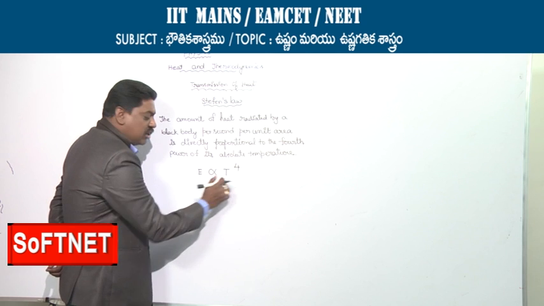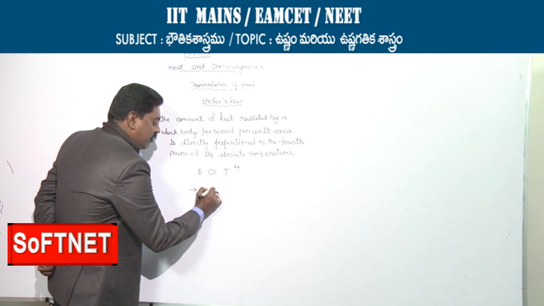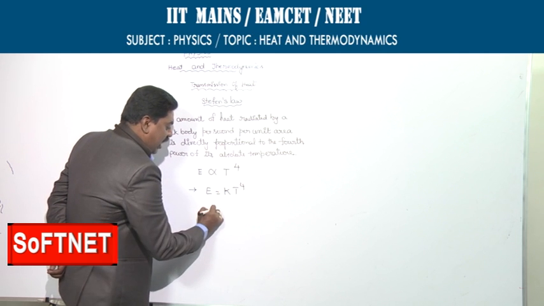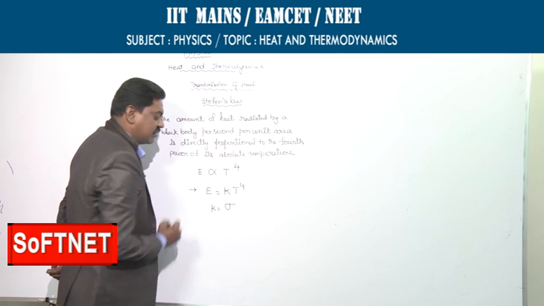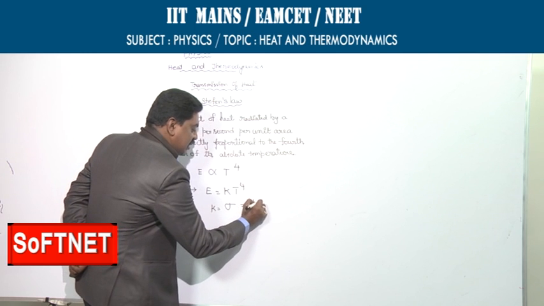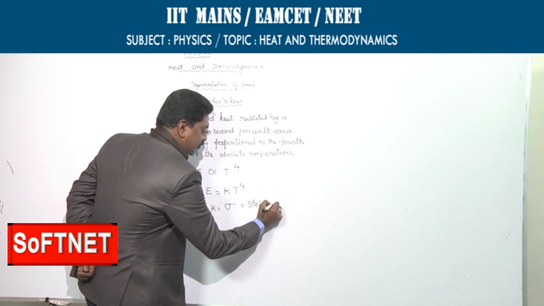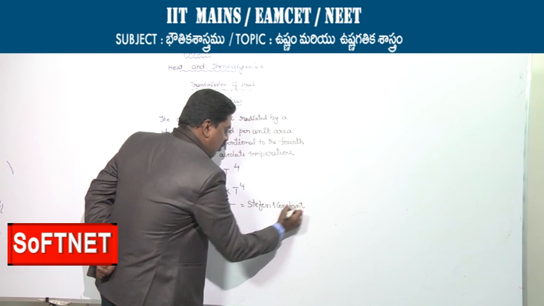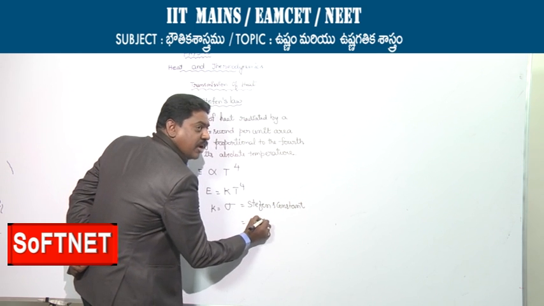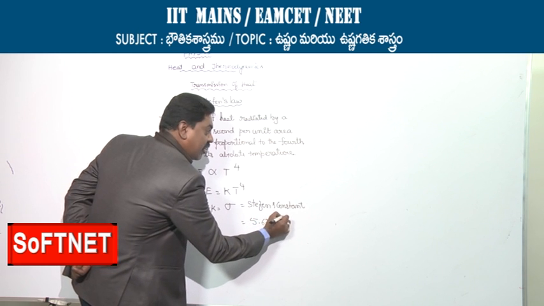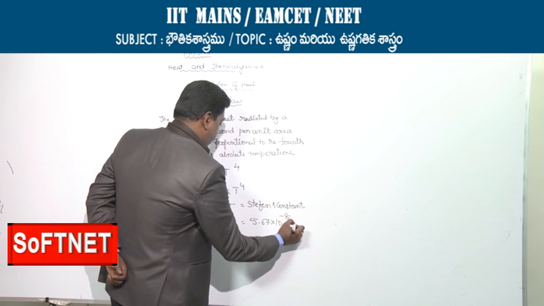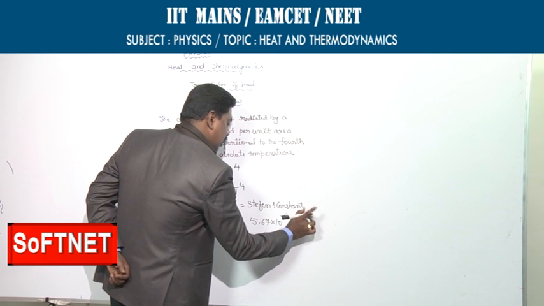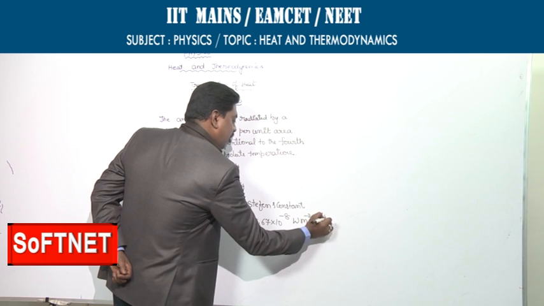So, E proportional to T power 4, and we get E equals constant into T power 4. The constant K is taken as sigma, which is called Stefan's constant, whose value is 5.67 into 10 to the power of minus 8 watts per meter square per Kelvin to the power of 4.